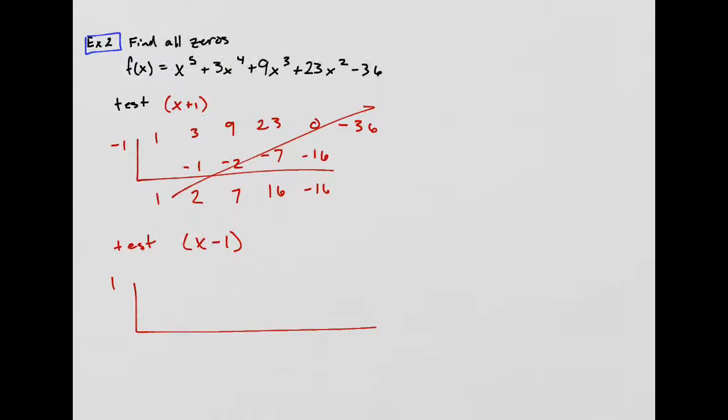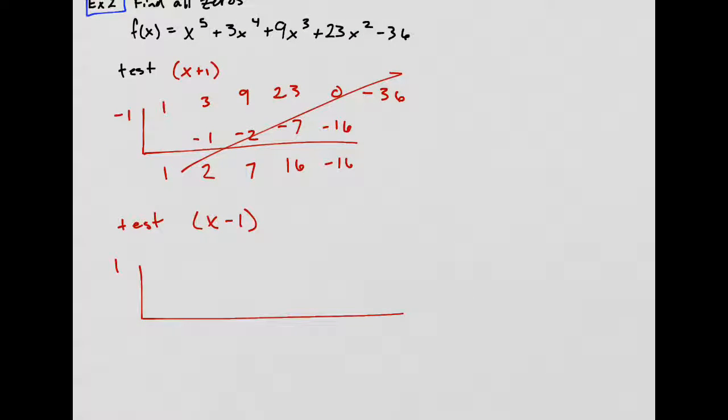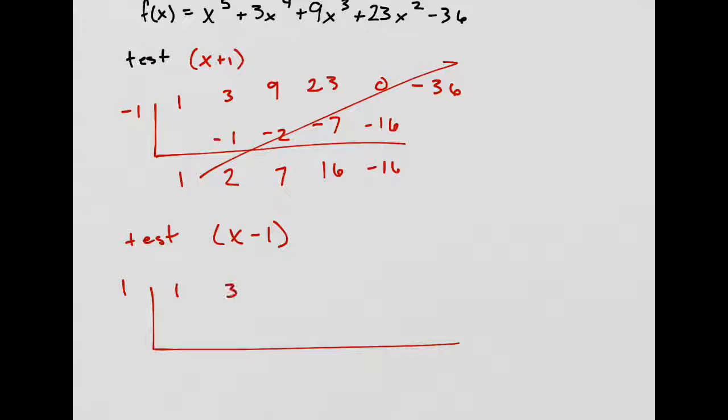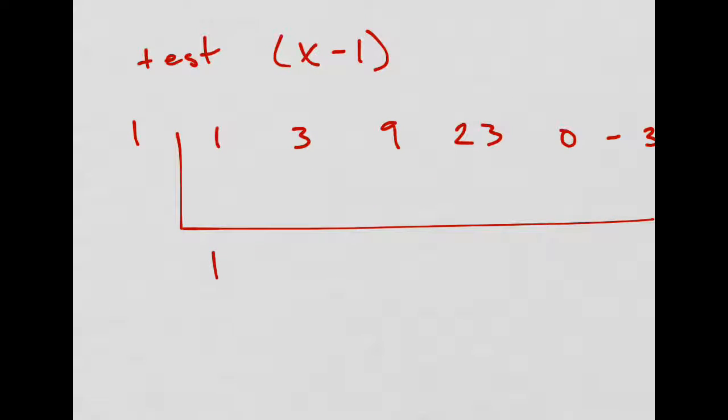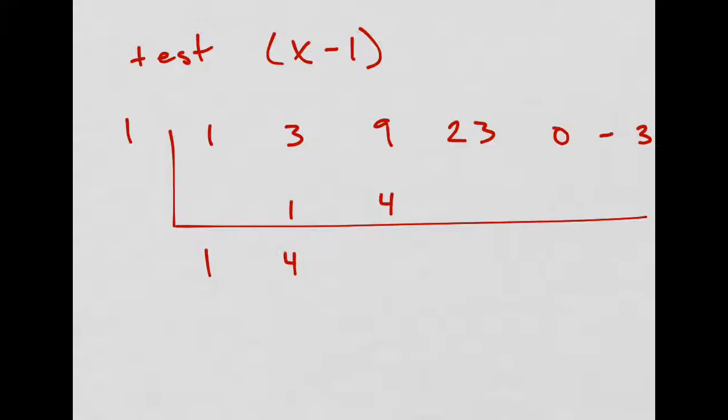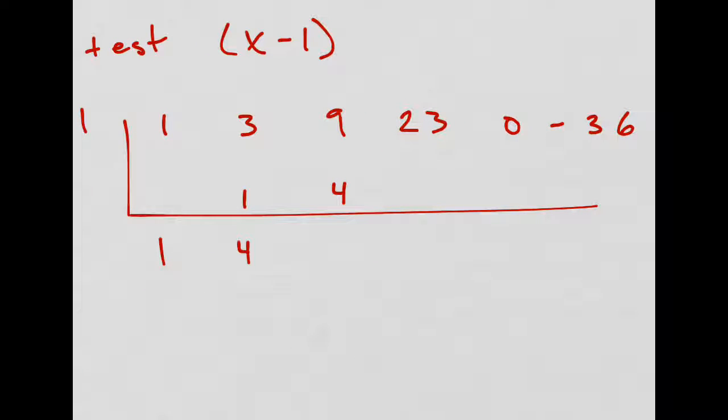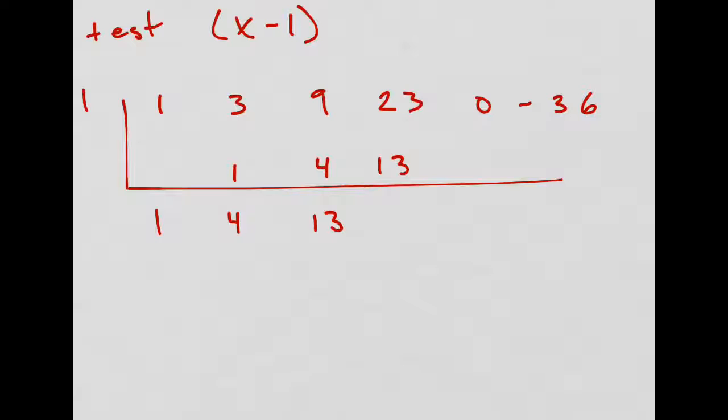And then what do we have? Same thing. 1, 3, 9, 23, 0, negative 36. And then we're going to have a 1, and well, 1 is 4. 4 is, well, 9 is 13. 13, 20, that's 36. 36. Hey, this one's gonna work.